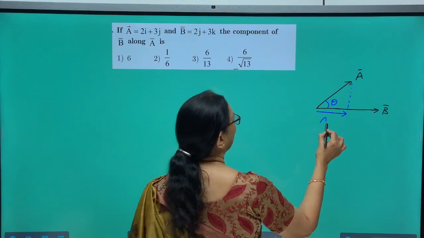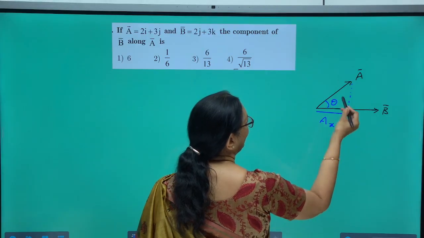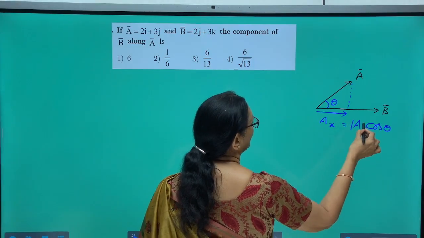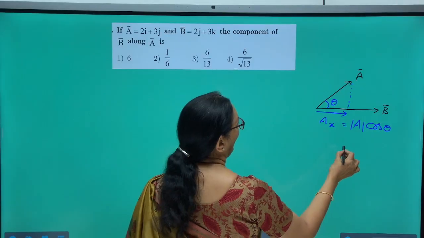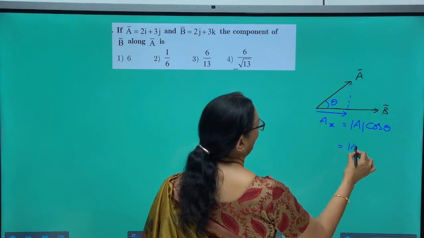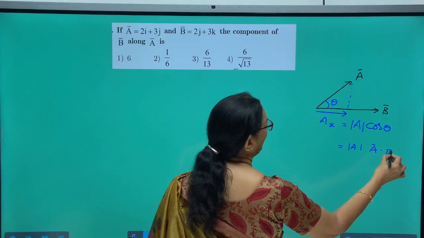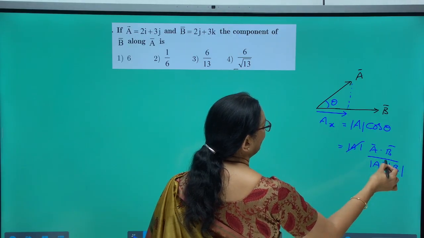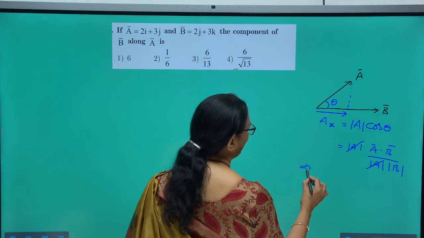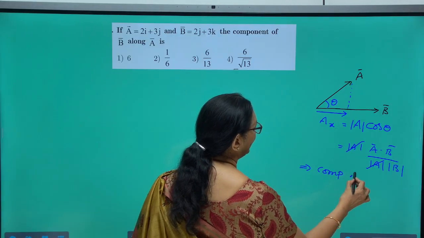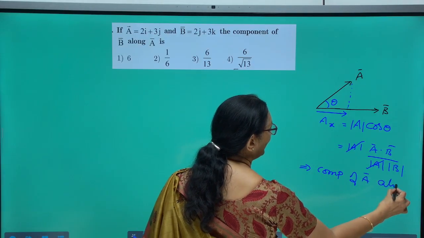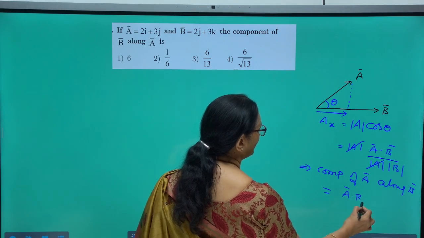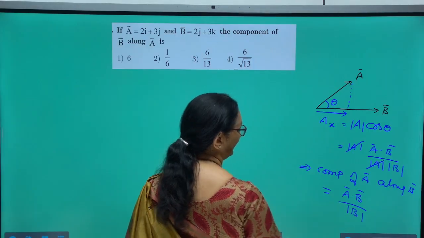So, if you take this as A x is equal to A cos theta, or modulus of A cos theta, and cos theta is given by A bar dot B bar by modulus of A modulus of B. This and this get cancelled. This implies the component of A bar along B bar is equal to A dot B by modulus of B.